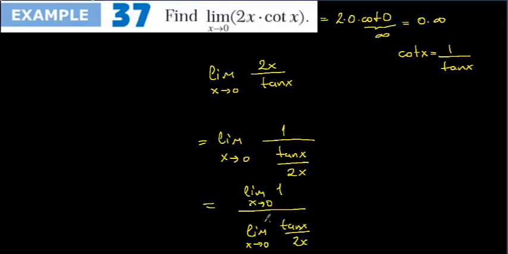From the trigonometric indeterminate forms, this is equal to 1 over 2. This is equal to 1, and this is equal to 1 over 2, so the answer is 2 with respect to 1 over 2, which is equal to 2.